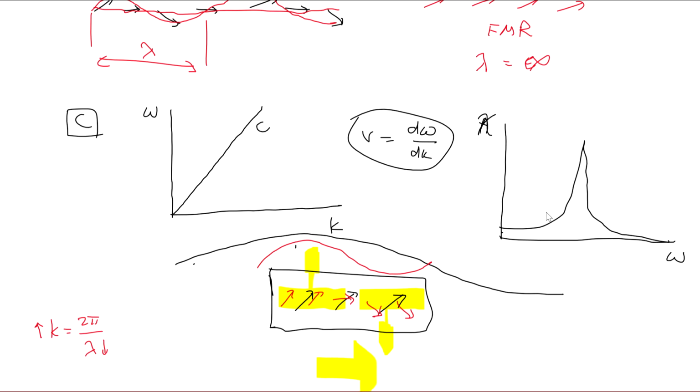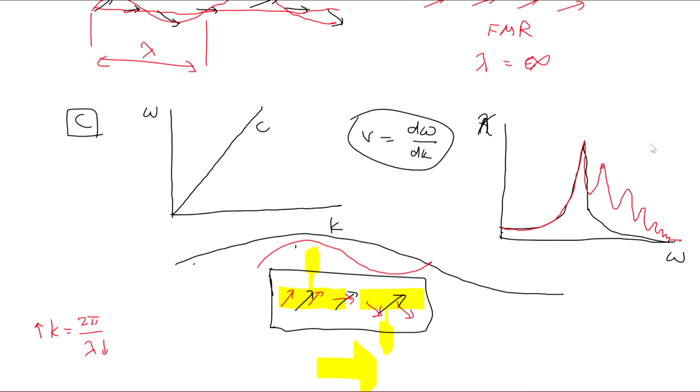At higher frequencies, you will have your ferromagnetic resonance, and then another resonance, and another, and more and more, smaller and smaller.